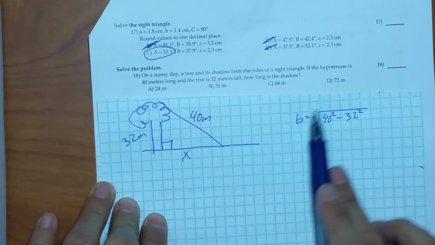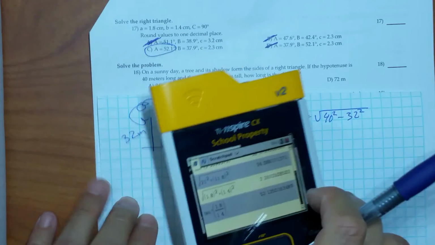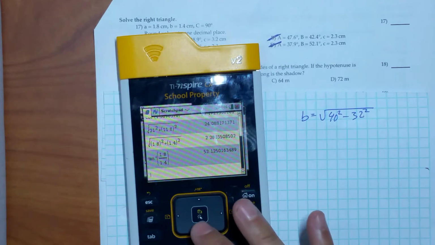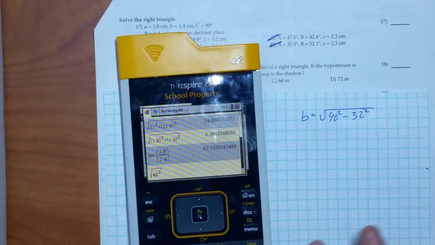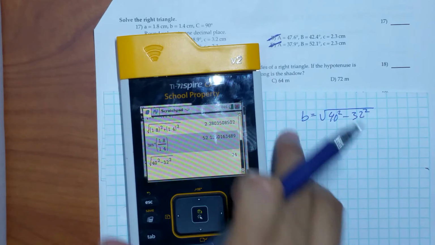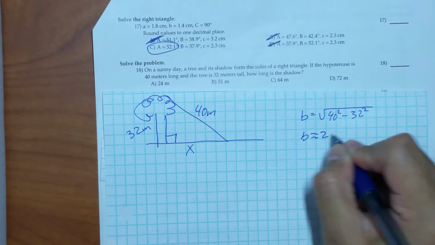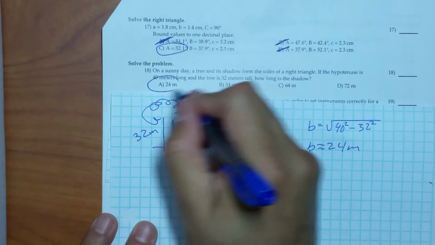You could do the whole Pythagorean theorem if you want to. So plug that in the calculator. My answer is 24. So it's going to be 24 meters. So my answer comes out to be letter A.